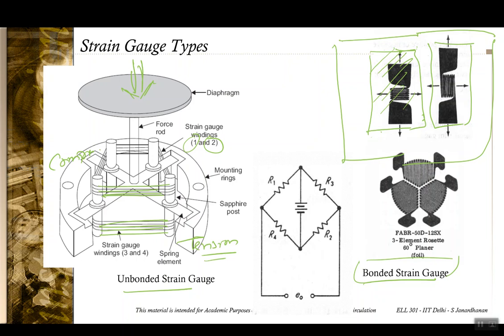Now when you use a Wheatstone's bridge to measure EO, and assuming that at balance all the windings are of equal resistance, that is, at zero pressure or zero force, R1 equals R2 equals R3 equals R4.